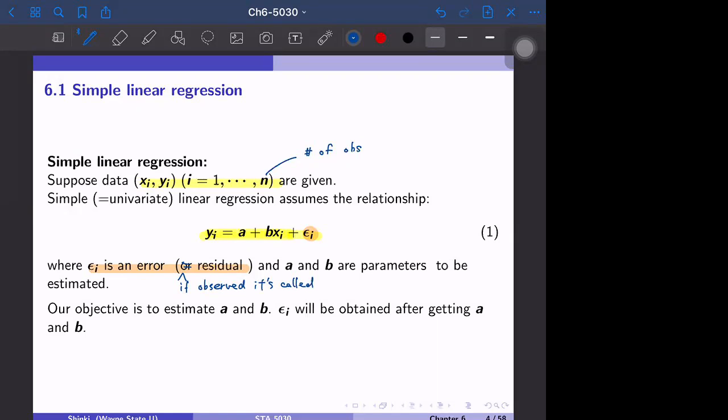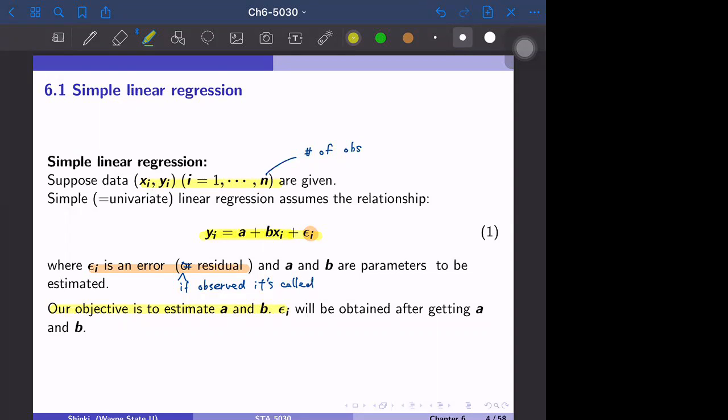A and B are parameters to be estimated. Before analysis we don't know A and B, but we want to estimate them. So our objective is estimating A and B. Epsilon_i is not observable, but once we decide A and B, then we can calculate epsilon_i.